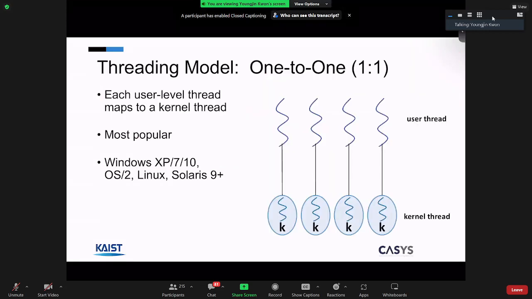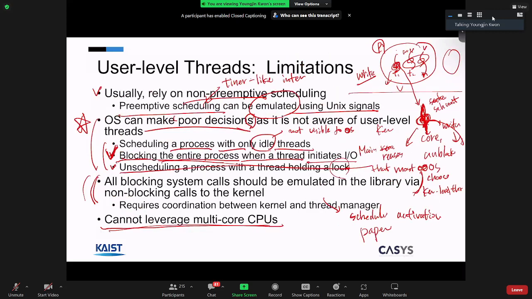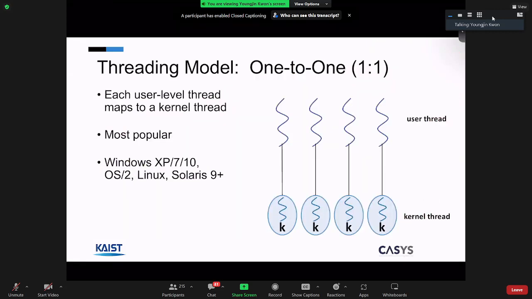Good performance, but what is the limitation? This user-level thread and kernel-level thread implementation actually implies a threading model. The kernel has a scheduling entity called a kernel thread. If the user creates a thread with pthread create, then a corresponding scheduling unit, a kernel thread, is invoked. This is the most popular. Again, is it a user-level thread implementation or a kernel thread implementation?